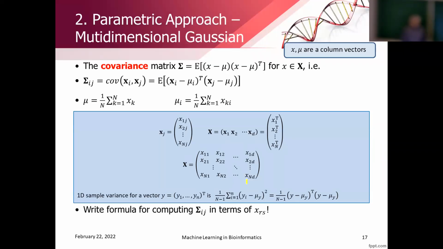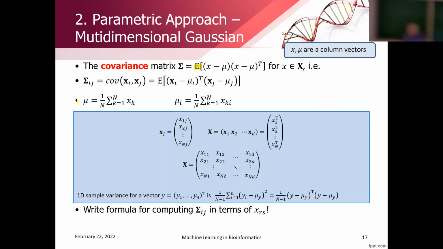Okay, so what is covariance? Covariance is defined as the expected value of x minus mu times x minus mu transposed. So simple. But x is a vector containing d values. Mu is the expected value for a row of the matrix, so it's actually a vector of numbers. Mu is simple.